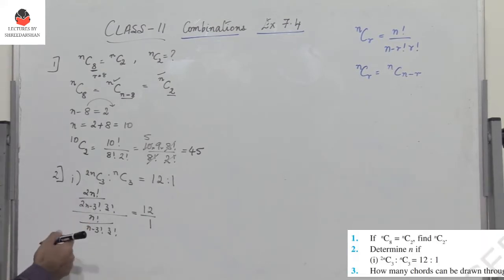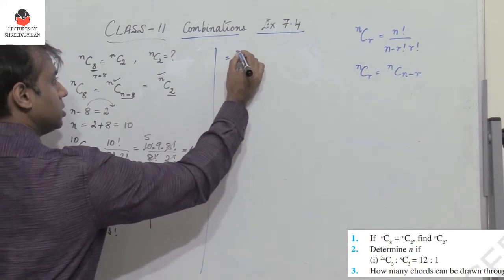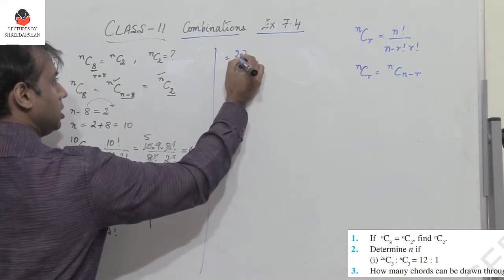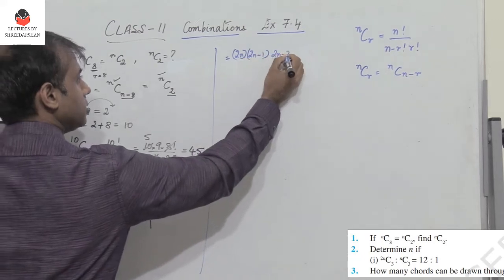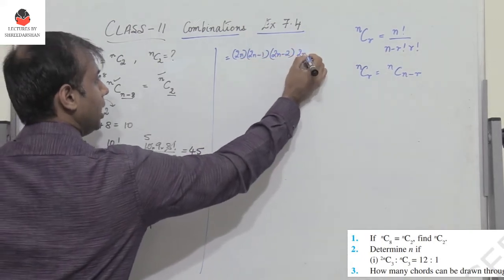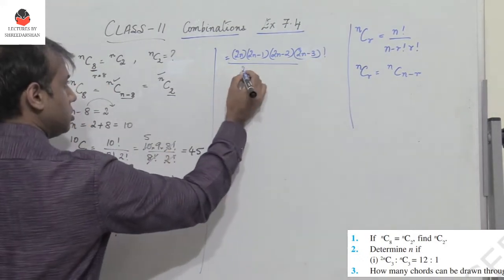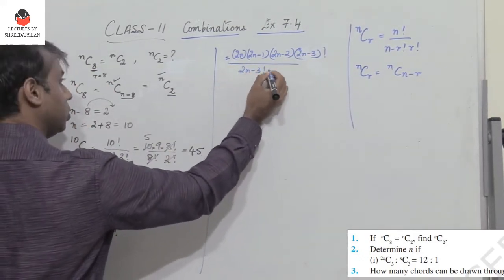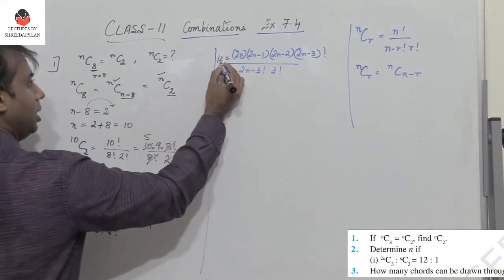What is (2n) factorial? So (2n) factorial can be written as 2n into (2n minus 1) into (2n minus 2) into (2n minus 3) factorial. So here I have divided by (2n minus 3) factorial into 3 factorial. On the other side I have 12 is to 1.